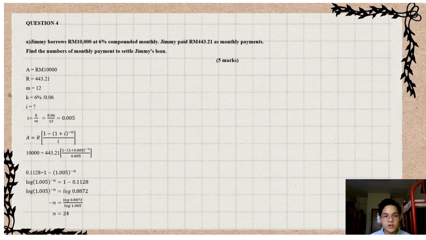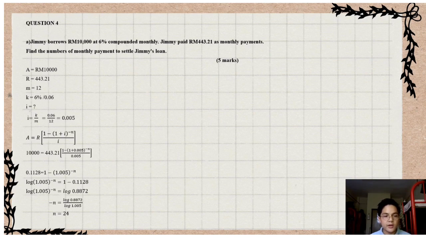Okay, right now we need to list everything that the question gives us. First of all, we need to find A. A is equal to 10,000 ringgit, and R, the monthly payment, equals 443 ringgit and 21 cents. m equals 12 because it is compounded monthly, and k equals 6%. 6% we need to change into decimal, so 6 over 100 gives 0.06.